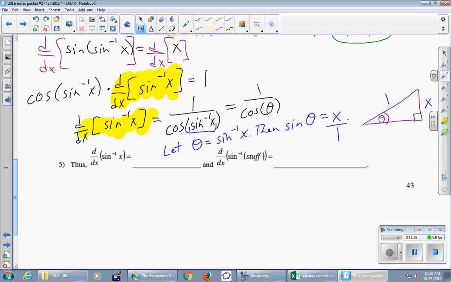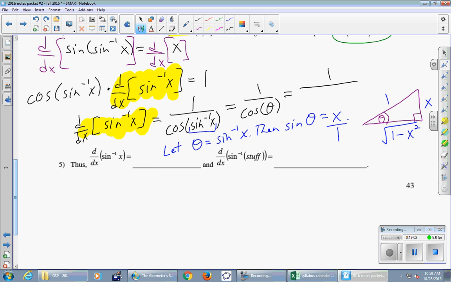So you guys have done this a million times, right? Pythagorean theorem. 1 minus x squared. Yeah, Pythagorean theorem there. And now that all the sides are labeled, it's easy to read off the cosine of that angle. Equals 1 over. Okay, cosine is adjacent over hypotenuse.